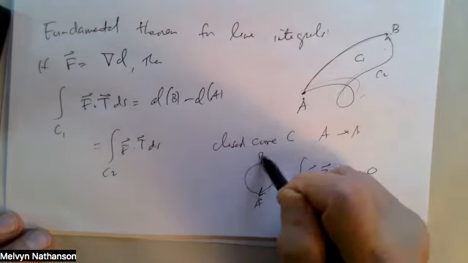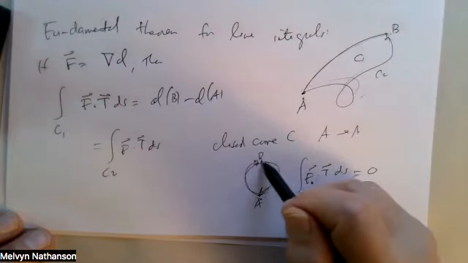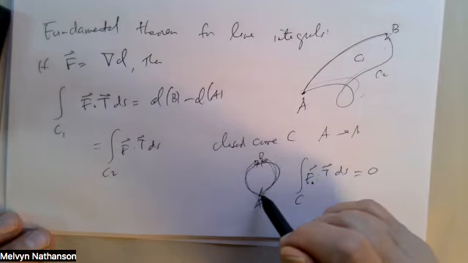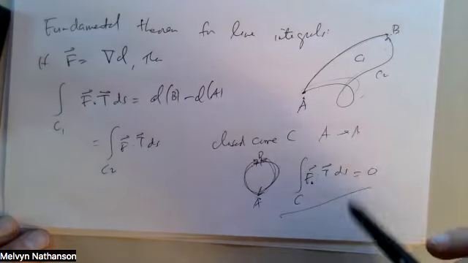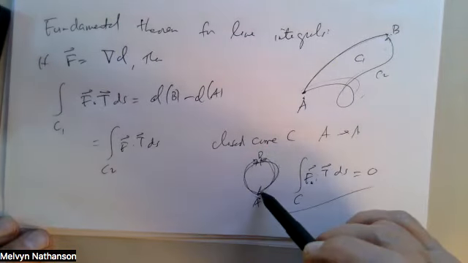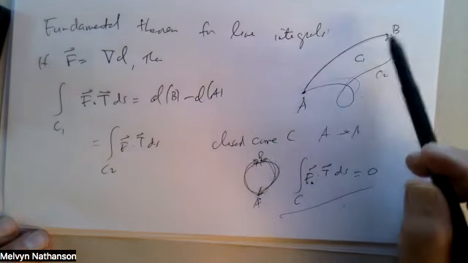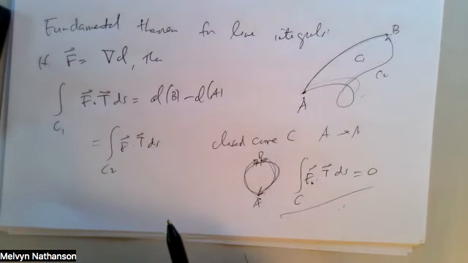Because if you took a point B on the curve, the integral from here to here would be one thing, the integral from here to here would be the same thing. In the opposite direction, it would be the negative, and then you would get 0. So for a conservative vector field, the integral around any closed curve is 0. And the integral from one point A to another point P is independent of the path. And this is the fundamental theorem for line integrals.